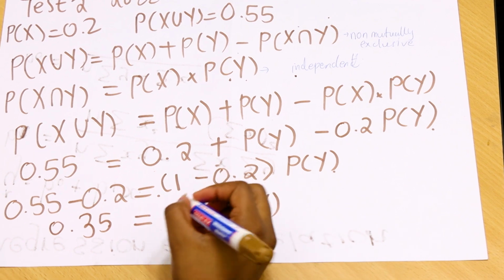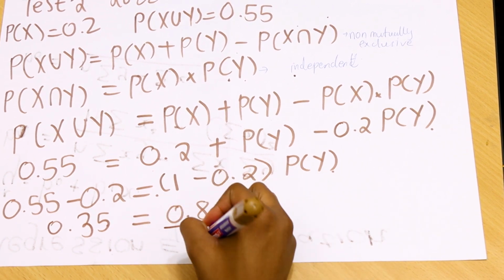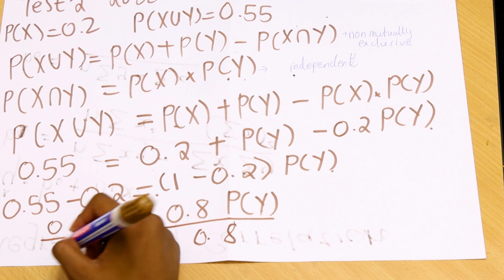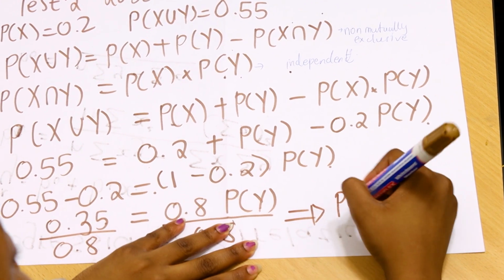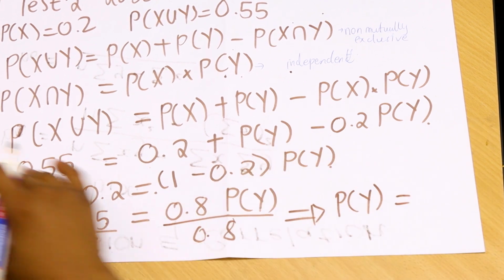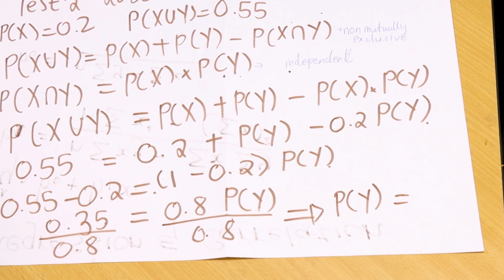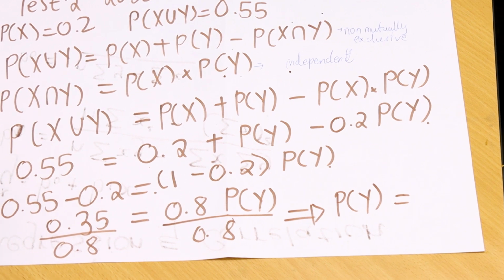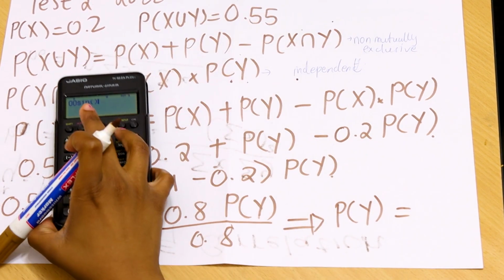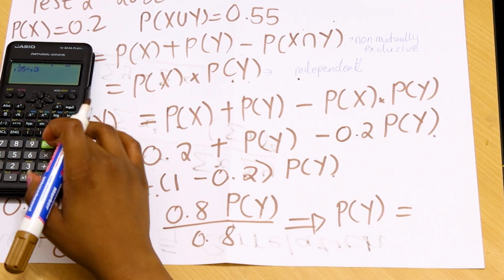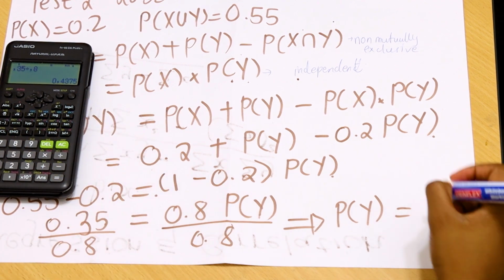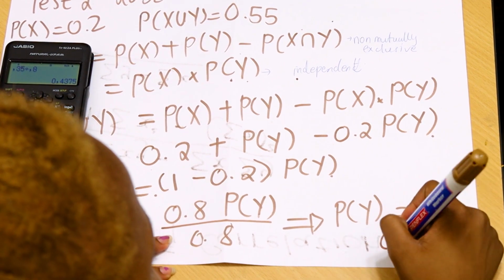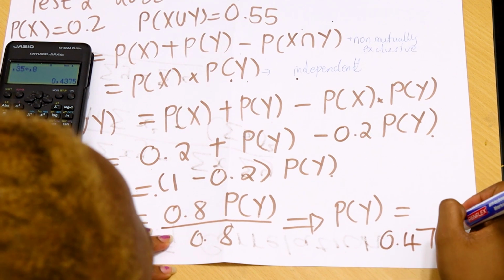0.55 minus 0.2 is 0.35. After that, you have to divide by 0.8. Then eventually you would find that P(Y) equals, let's check, 0.35 divided by 0.8 is 0.4725.